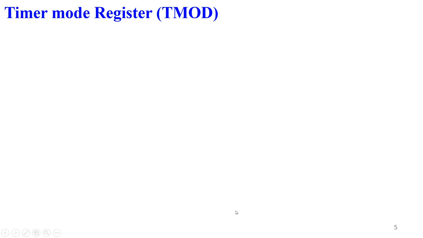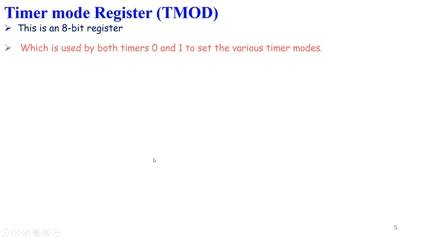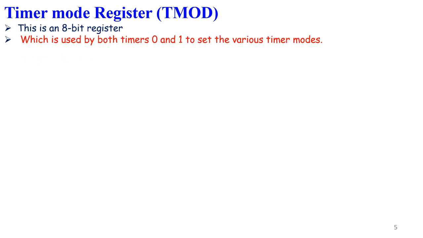Now how are the different modes selected for Timer 0 and Timer 1? That is decided by the timer mode register, TMOD. This is the 8-bit register which is used by both Timer 0 and Timer 1 to set various timer modes.